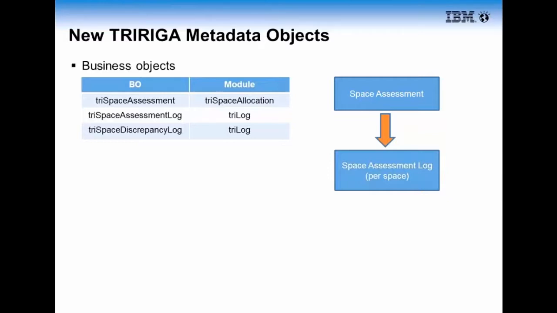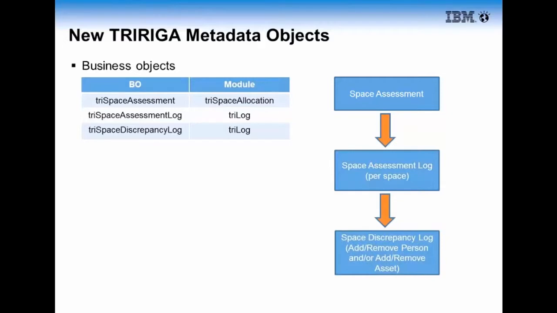Once the assessor gets the space assessment, he will go to each space and start doing the assessment. Whether he sees a mismatch or not, the space assessment log will be created per space. But the space discrepancy log will be created only when the assessor wants to add or remove a person, or add or remove an asset.